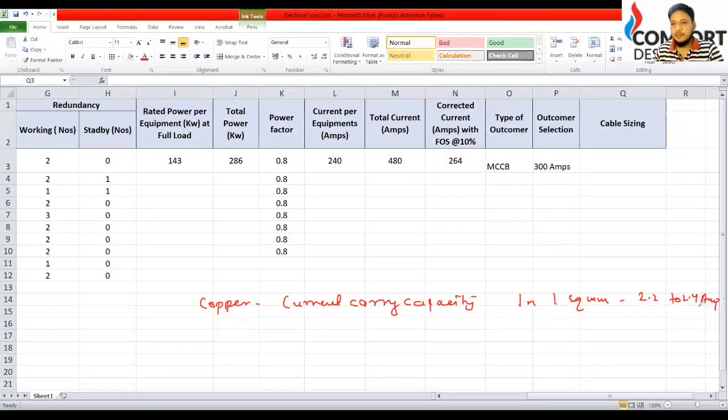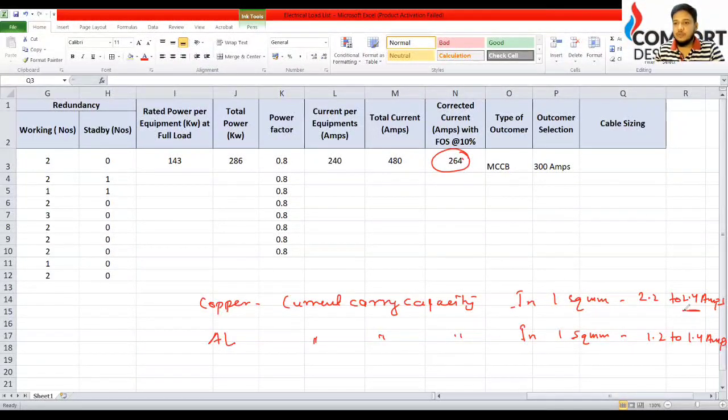That is basically a thumb rule. And for aluminum cable, the current carrying capacity in 1 square mm is 1.2 to 1.4 amperes. Okay, so accordingly we have the ampere.